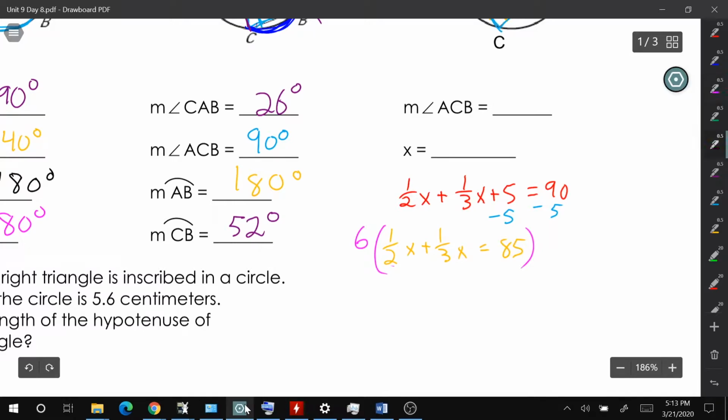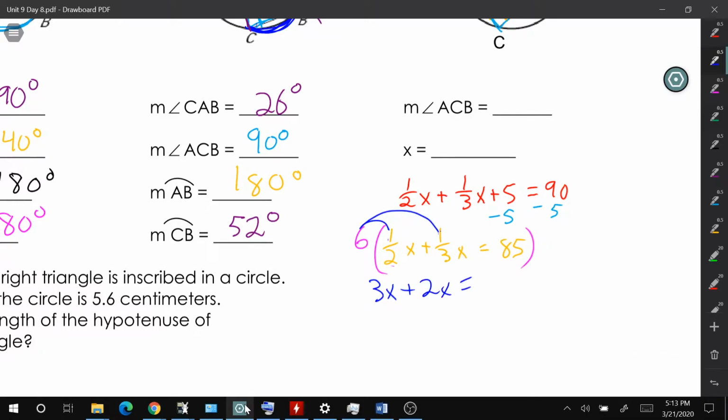And what that gives me is 6 times 1 is 6 over 2 is 3, so 3x plus 6 times 1 again is 6, 6 divided by 3 is 2x equals, and then we can use the calculator for 85 times 6 is 510.